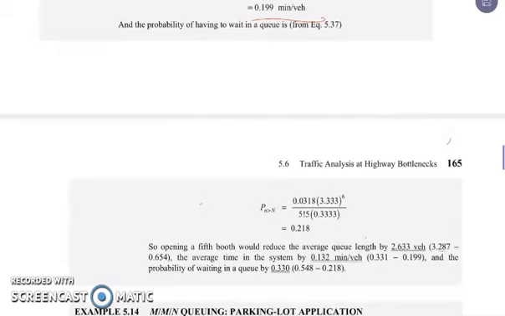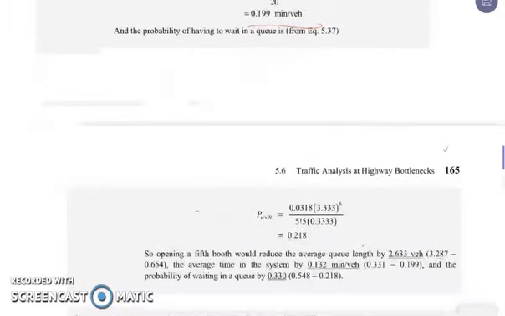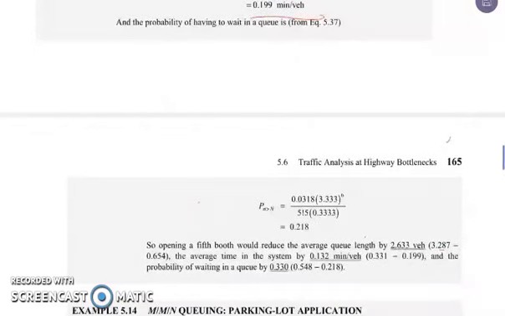The value for our rho is 3.33 raised to n plus 1, and n is 5, so you have here 6, all over 5 factorial times 5 times the result for 1 minus rho all over n. So we get a value of 0.333. If we simplify, the probability of having to wait in a queue is equivalent to 0.218.